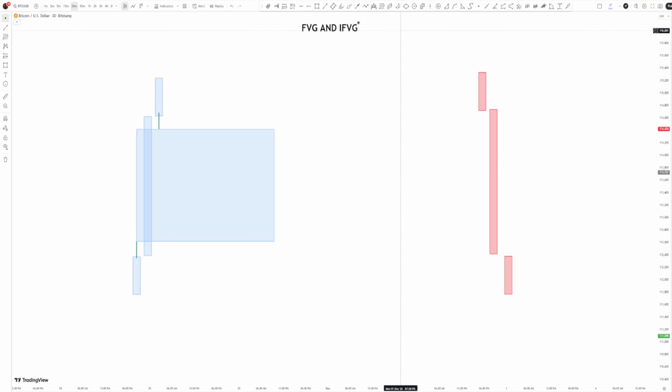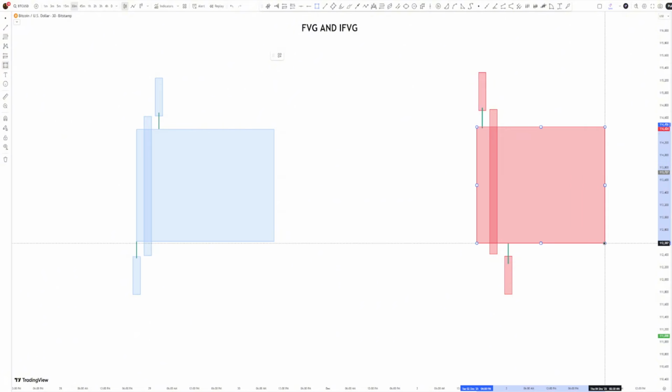Okay, we have made it red, and now let's draw wicks. Here the wick 1 and the wick 2, and this zone will be our fair value gap for the bearish side. This one is the bullish and this right here is our bearish fair value gap.